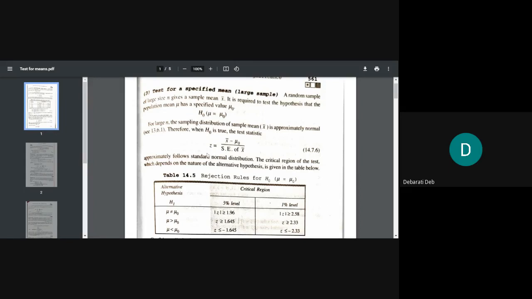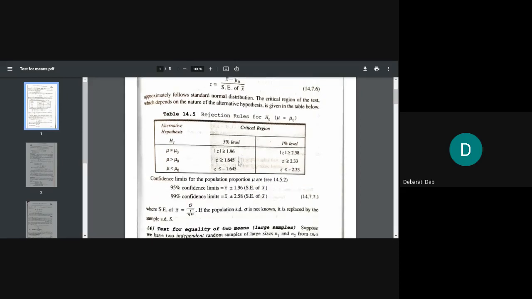If you have the information of these two things, then you will calculate the value of the Z statistic. And here you will also have to calculate the standard error. There are certain rules, a formula, for calculating the standard error. This table, no need to write. This is the same as the previous one.